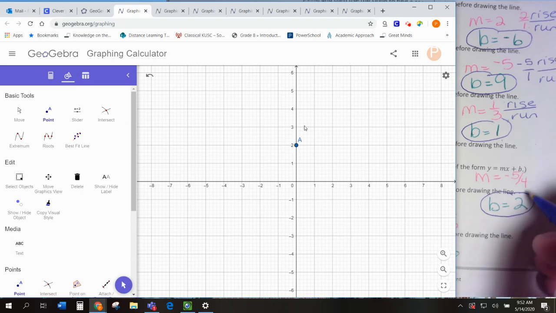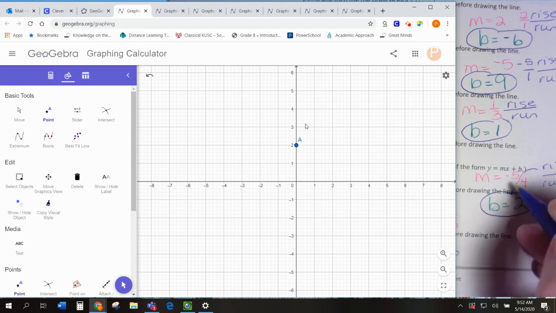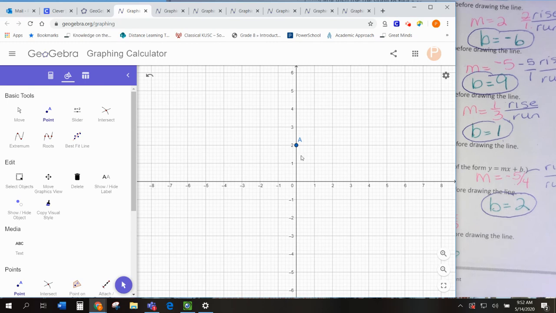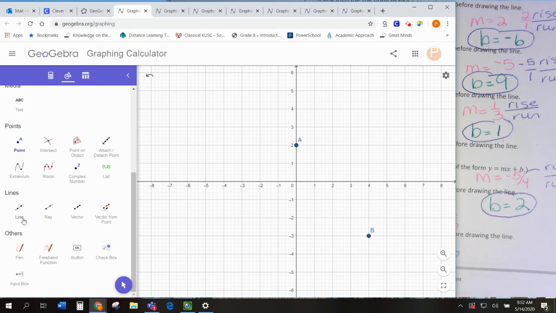Then we follow our rise over our run. -5 is our rise, and 4 is our run. Because our rise is negative, we're going to go down 5 and over 4. Starting at our y-intercept, go down 5: 1, 2, 3, 4, 5, and over 4: 1, 2, 3, 4. And then we can connect the line.